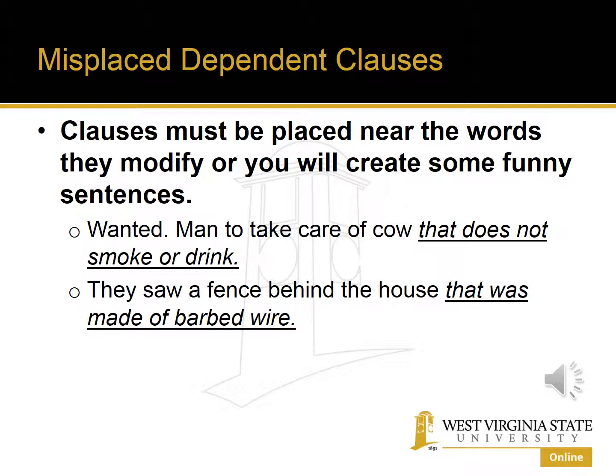So again, how do I fix this? I move the dependent clause closer to the noun it was meant to modify. So: they saw a fence that was made of barbed wire behind the house.